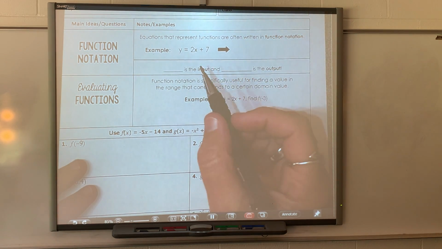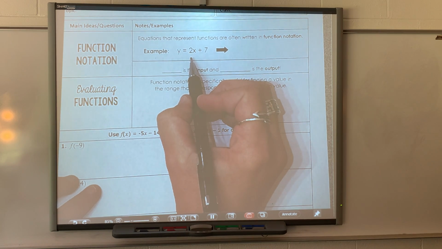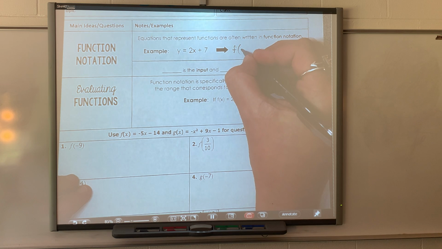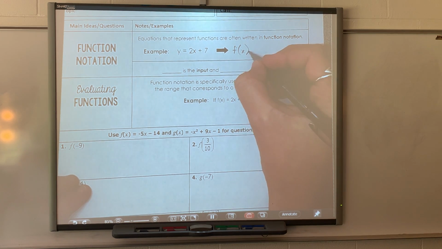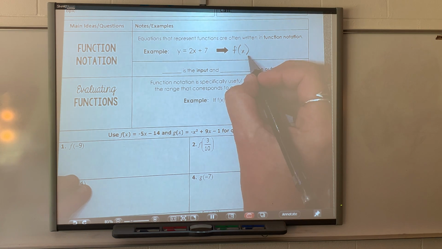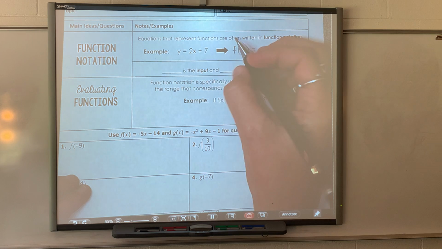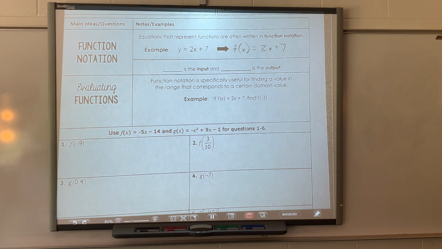So when you have an equation that is in y equals and we take it into function notation, they'll write it like this, which is read f of x. That's how you say it, but it's written this way. It still means the same thing. So instead of y equals 2x plus 7, it's f of x is equal to 2x plus 7. Still means the same. They're just changing the y to f of x.